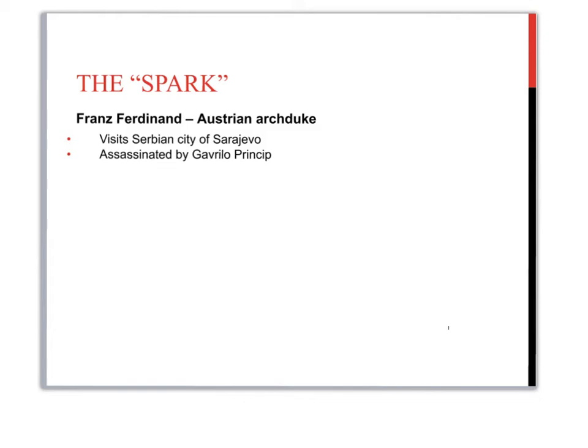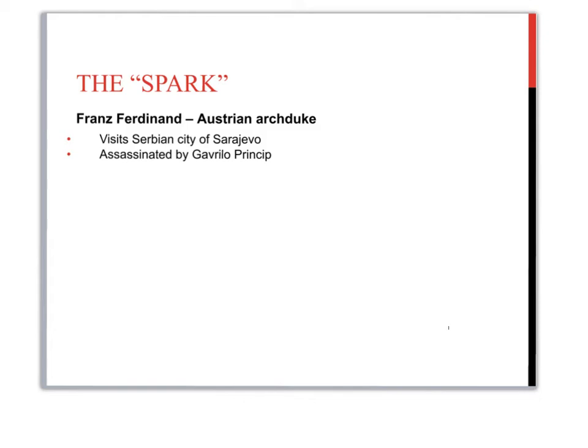I told you that Gavrilo Princip was a Serbian nationalist. So there's your connection right there. They wanted Serbian independence, and even though Serbia had gained their independence, they wanted to maintain Slavic independence. Other Slavic groups and nations, the Bosnians, the Croatians, etc., were still part of the Austrian Empire.